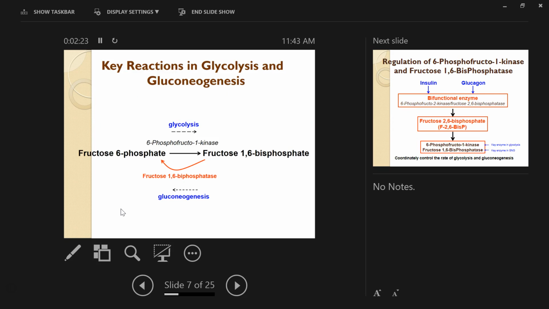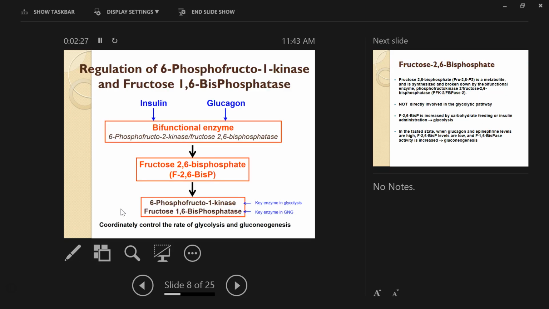The second pair of the key enzymes in these two pathways involves the bifunctional enzyme and the key substrate, fructose 2,6-bisphosphate, right? So you need to know which bifunctional enzyme regulates the production or degradation of this key substrate.